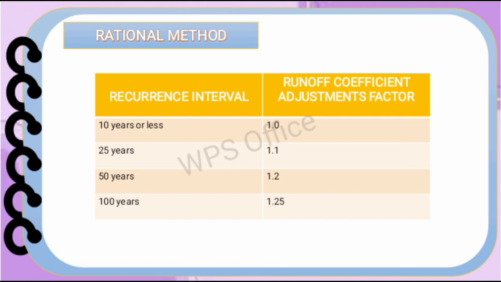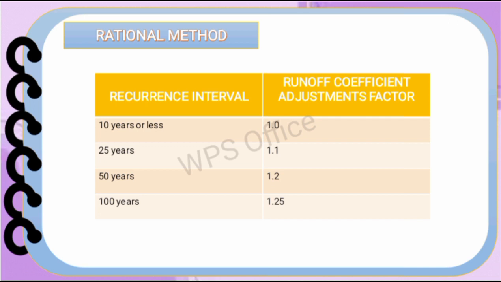Adjustment factor, ito naman yung reference sa Cf. Yung Cf, depende naman siya sa recurrence interval or the recurrence period: 10 years, 25 years, 50 years, and 100 years. Tsaka yung sa other side naman, yung adjustment factor, which is 1.0 sa 10 years, 1.1 sa 25, 1.2 sa 50, and 1.25 sa 100 years.